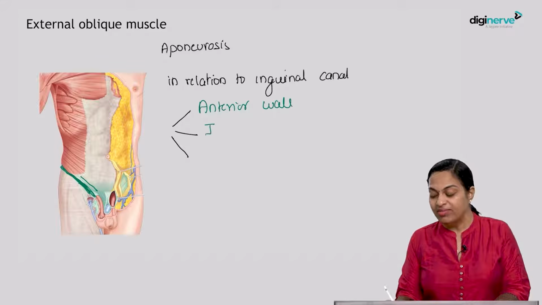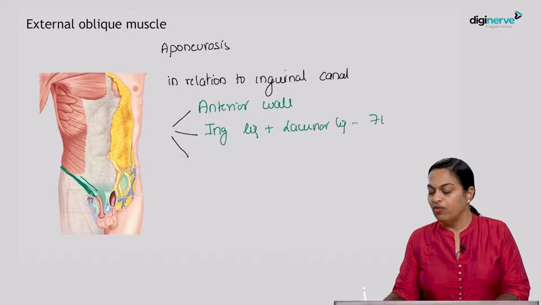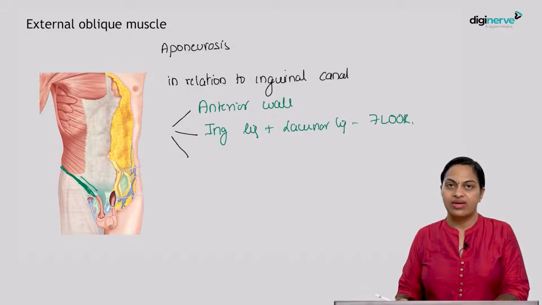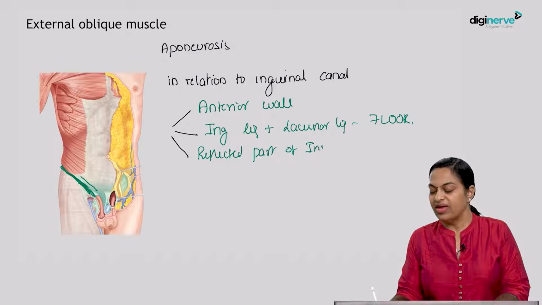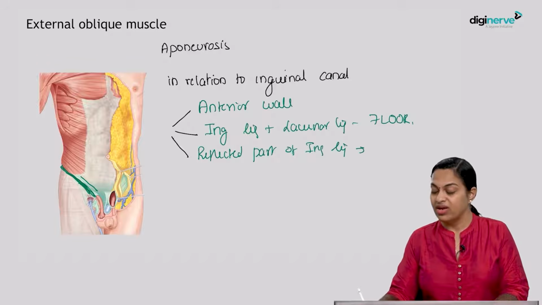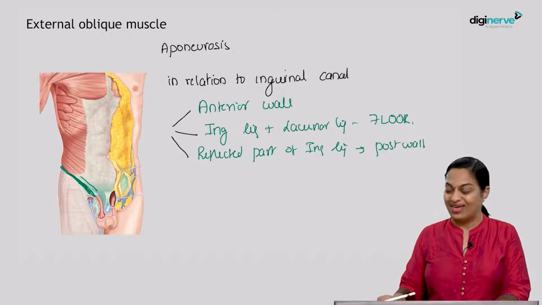The inguinal ligament and lacunar ligament that we saw now will contribute to the floor of the inguinal canal. And the reflected part of the inguinal ligament, an extension of the inguinal ligament, will contribute to the posterior wall of the inguinal canal.